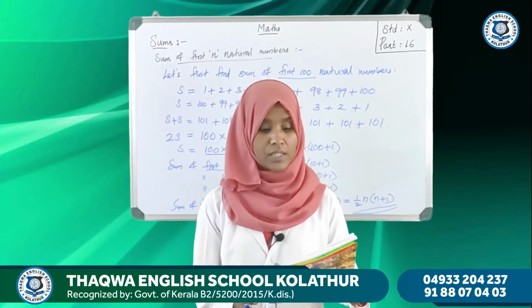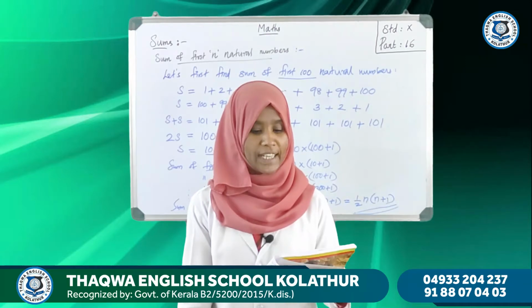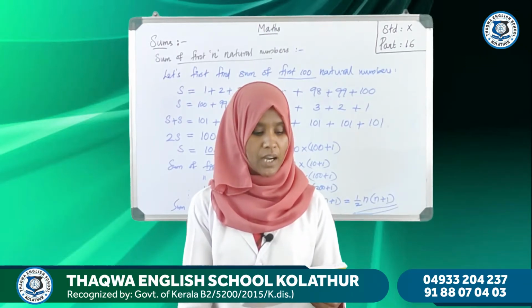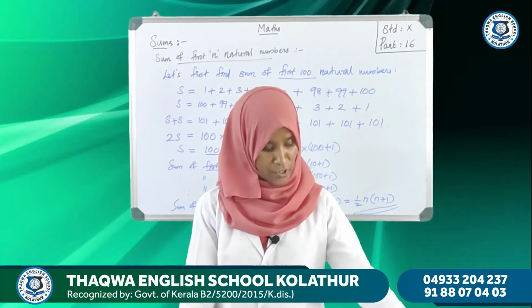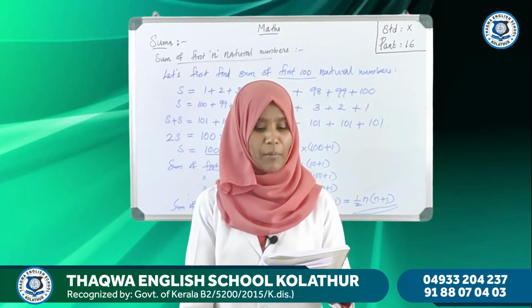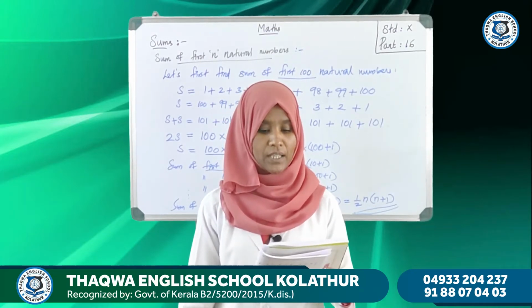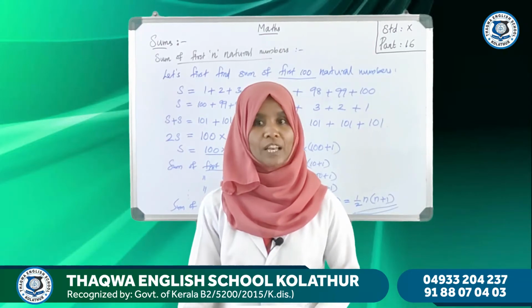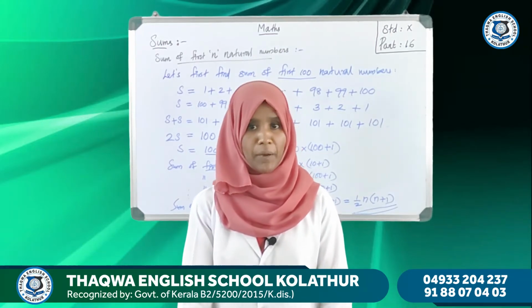The sum of any number of consecutive natural numbers starting with 1 is half the product of the last number and the next natural number. Once again, the sum of any number of consecutive natural numbers starting with 1 is half the product of the last number and the next natural number.